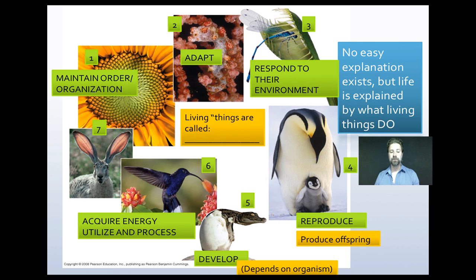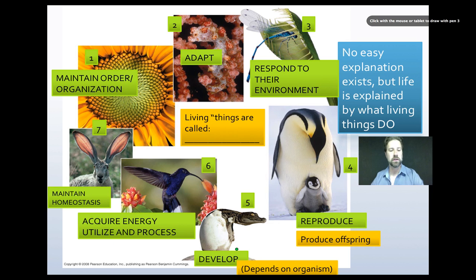Acquiring energy, utilization, and process. What that means is that animals must eat. They have to do something to regenerate their stores of ATP and have enough energy to go through and perform those characteristics of life that you see on this wheel. And lastly, number 7, which is actually pretty closely related to responding to the environment here. These two, there's a direct link there.